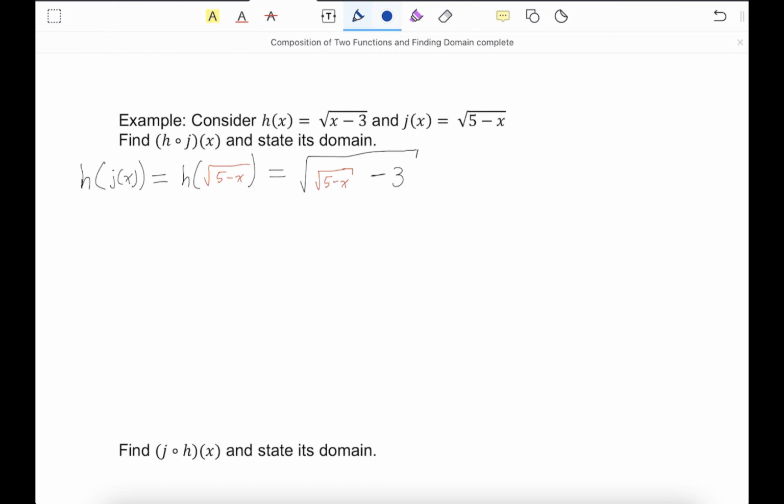So looking at our final composition function here, we have that the square root of 5 minus x minus 3, that's inside the square root, so that must be greater than or equal to 0. I'll add 3 to both sides.